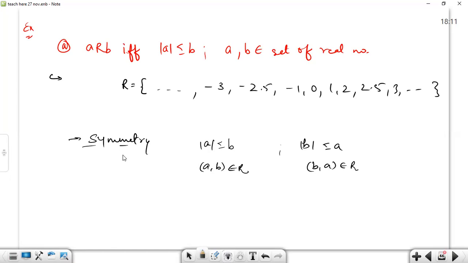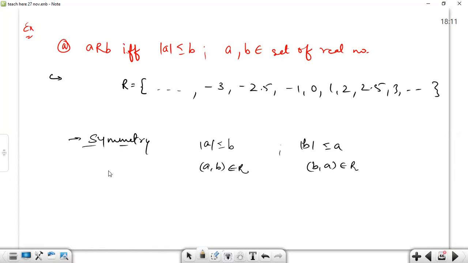We have to look for examples where we can prove that the given relation is not reflexive, not symmetric, not transitive. And if we fail to do so, then it is for sure that the given relation is reflexive, symmetric, and transitive, in each case. Clear? That is how we have to check.